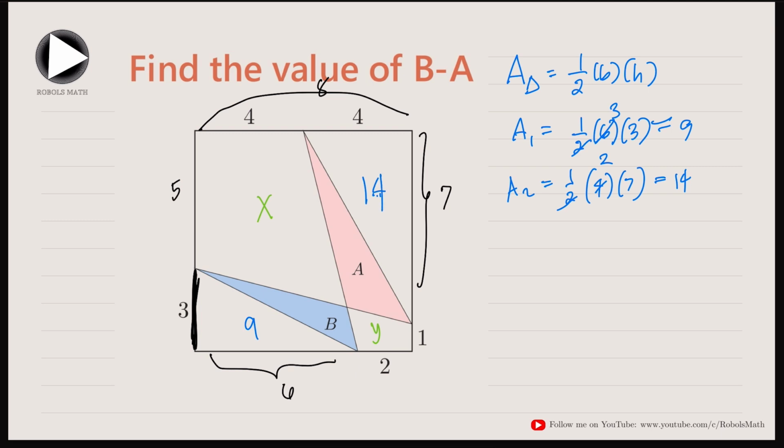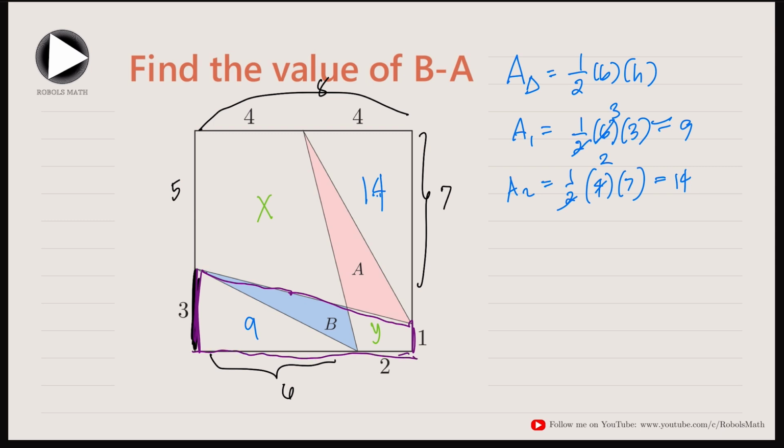Now we'll make use of the fact that we are looking only for the difference of B and A and not necessarily the value of B and A. So let's say that we consider this trapezoid at the bottom.